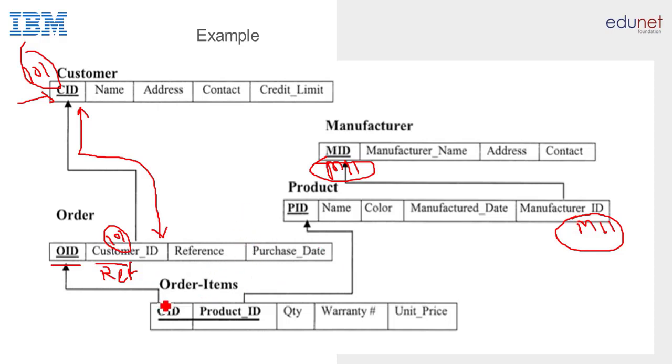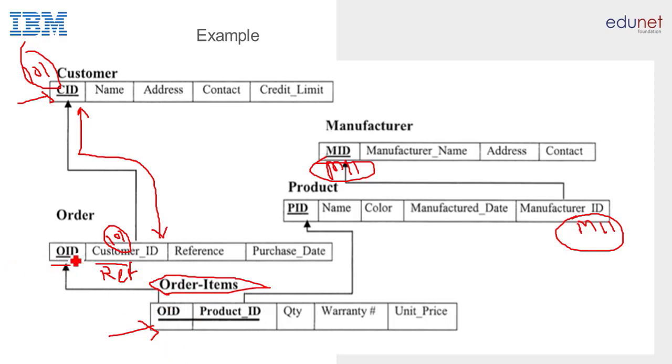Similarly, after a successful order is generated, the order item table is created, and inside the order item table, order ID is acting here as a key.